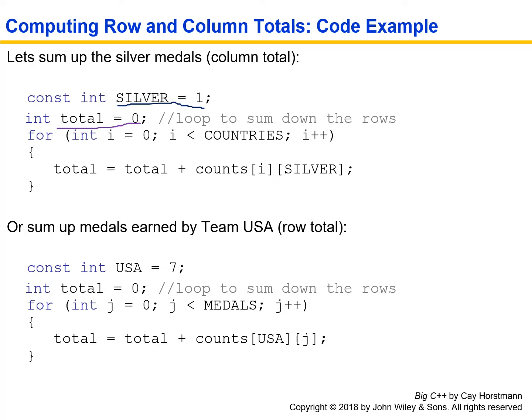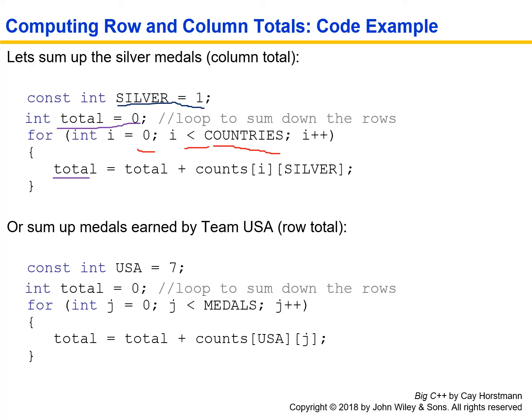That's going to count all of our rows. And then the total picks up counts at i sub silver. So we're always going to look at the silver column to get the total of silver medals.